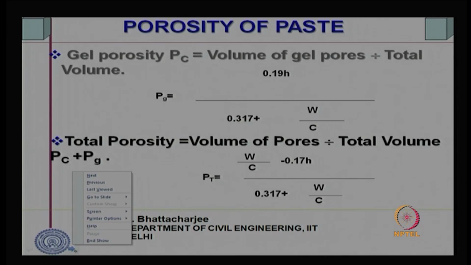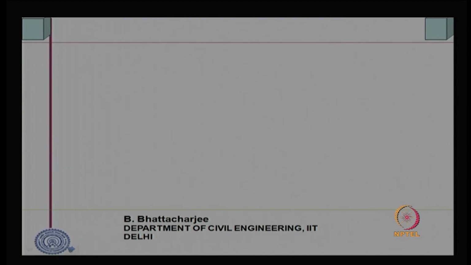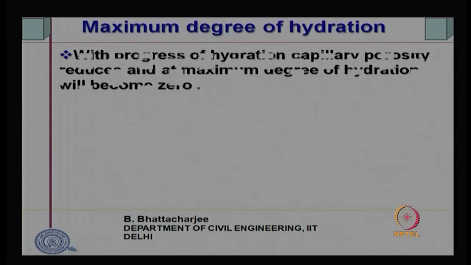Now, the total porosity of cement paste is important, but one interesting thing is that for complete hydration, I can derive the minimum water cement ratio required from these concepts.